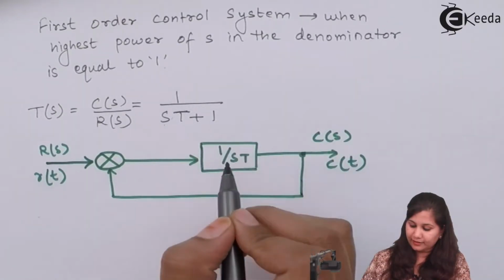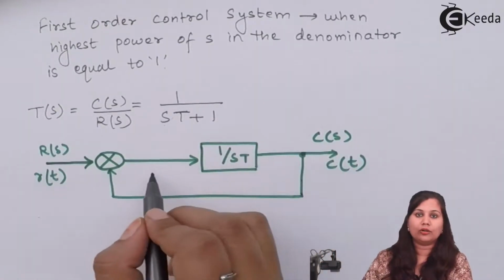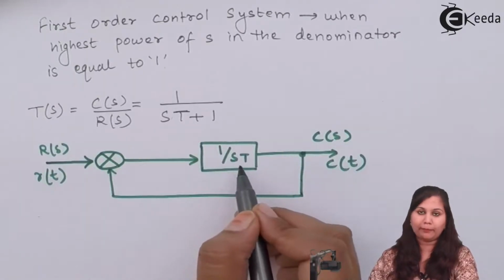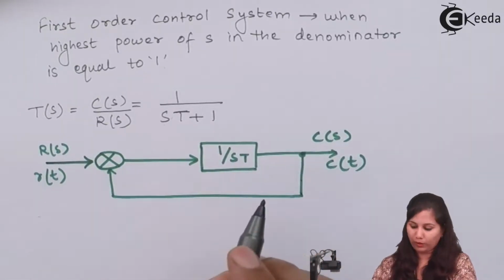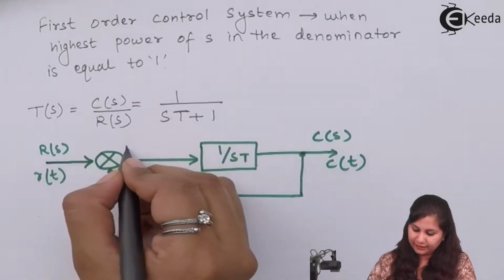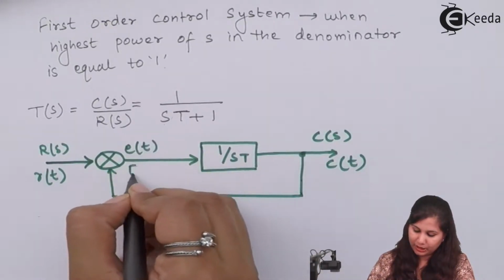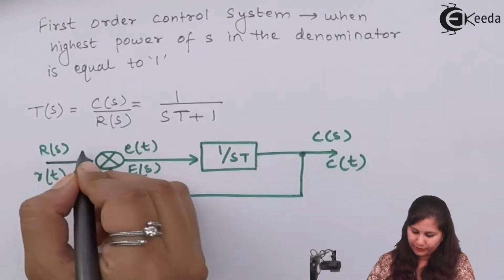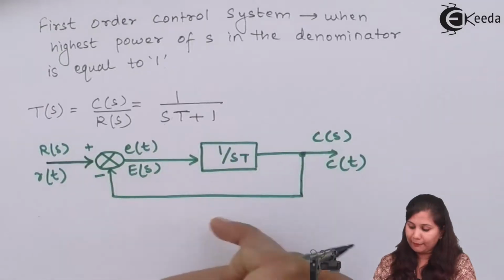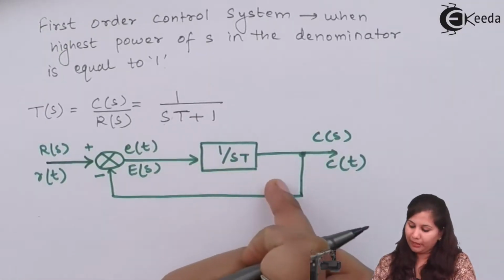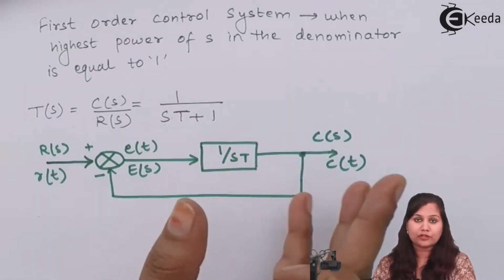This is our gain, or we can say the open loop transfer function, 1 upon sT plus 1. The feedback has a gain of 1. This is our error signal e(t) and its Laplace transform is E(s). This is the plus minus junction.